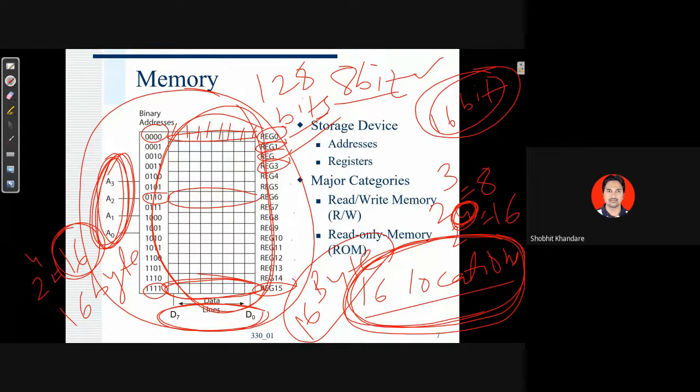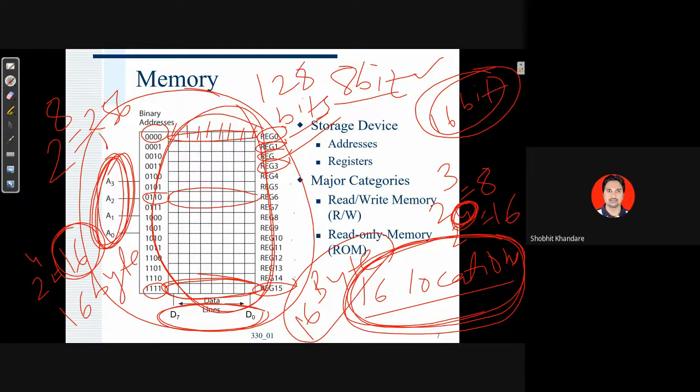Yes. If I am using 8 bits of address, and I ask how much total memory it can access, your answer would be 256. Where did 256 come from? 2 to the power of 8 is 256.